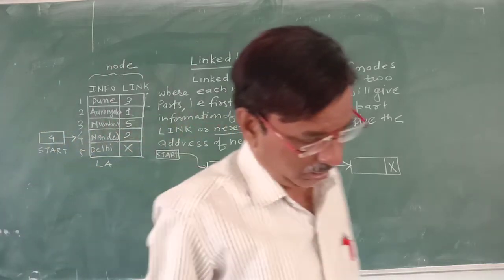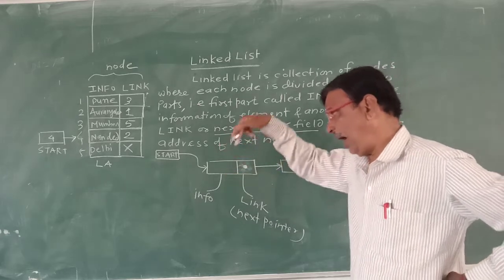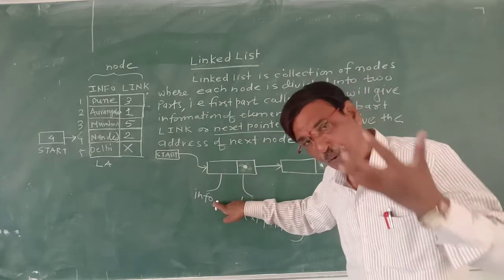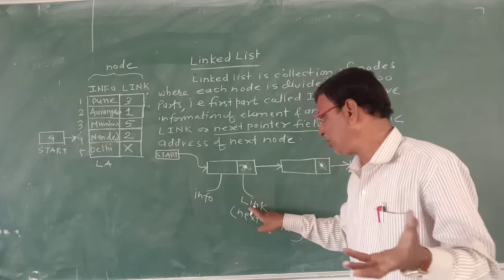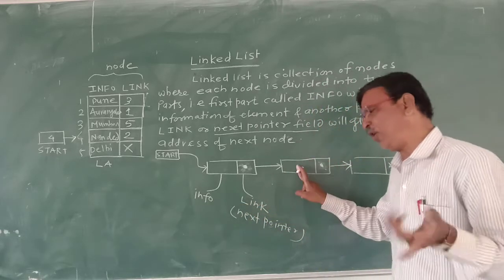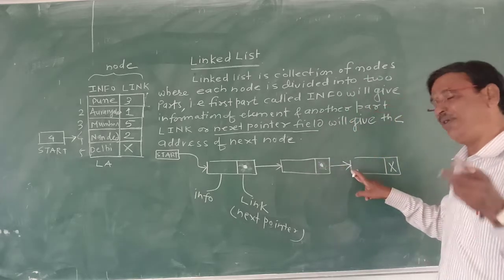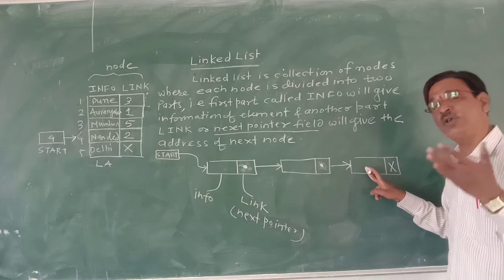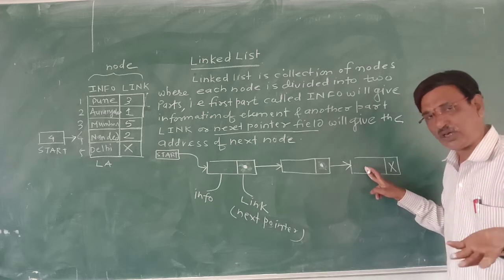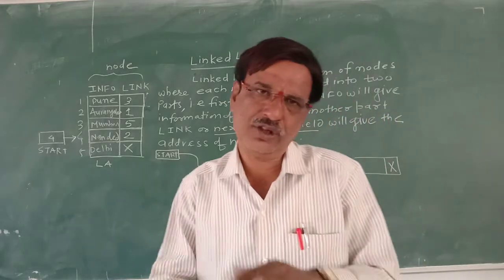So information will be stored here, and every node will give not only the information about the element but also a link to the next node. And the last element will give the information about the element, and it will give the null address. So we have the list finished.